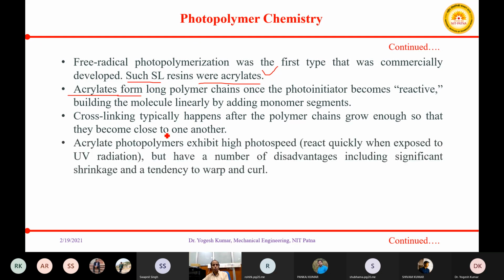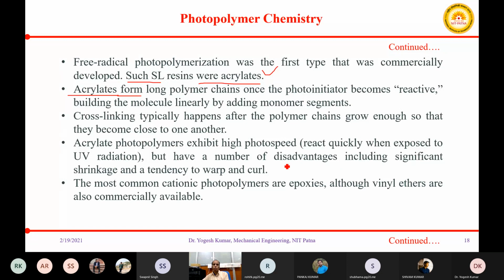Acrylate photopolymers exhibit high photospeed, reacting quickly when exposed to UV radiation, but have a number of disadvantages, including significant shrinkage and a tendency to warp and curl. The most common cationic photopolymers are epoxies, although vinyl ethers are also commercially available. But in the case of cationic photopolymers, we use epoxies commercially.